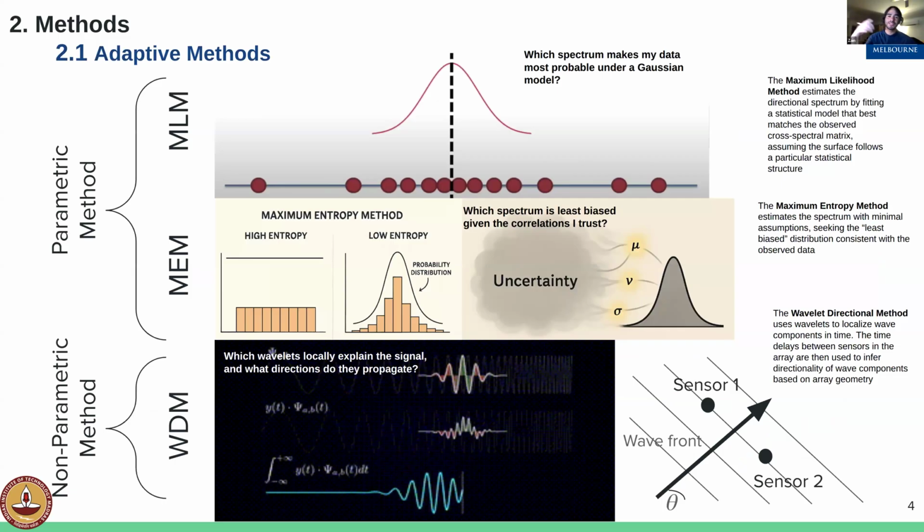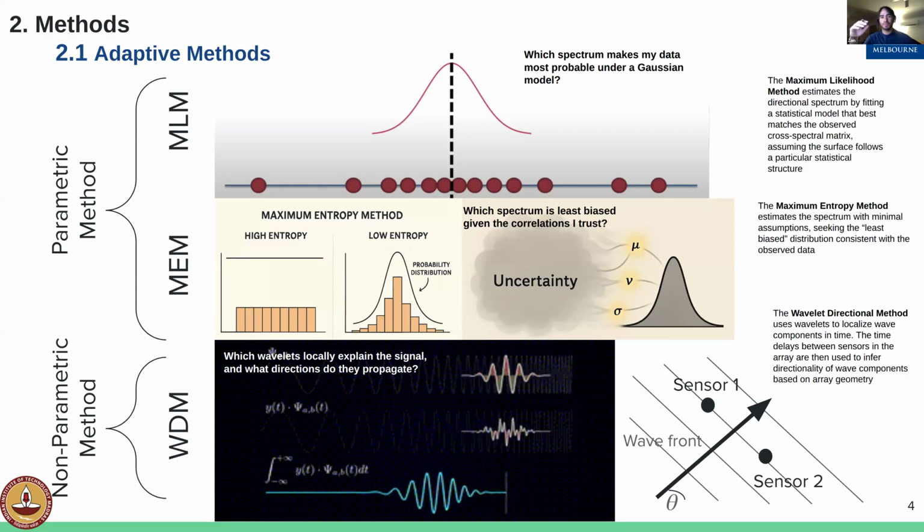These methods we can separate into two main categories: parametric methods, which include the maximum likelihood method and the maximum entropy method, and non-parametric methods like the wave directional method. The main idea for the parametric methods is implementing a model that could describe the data that we are measuring.